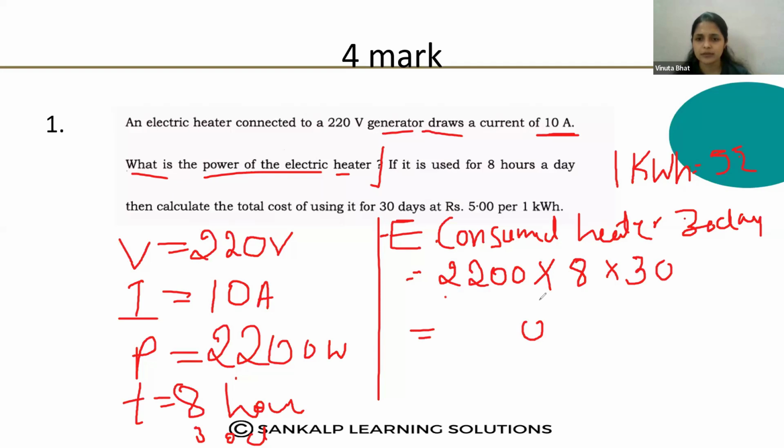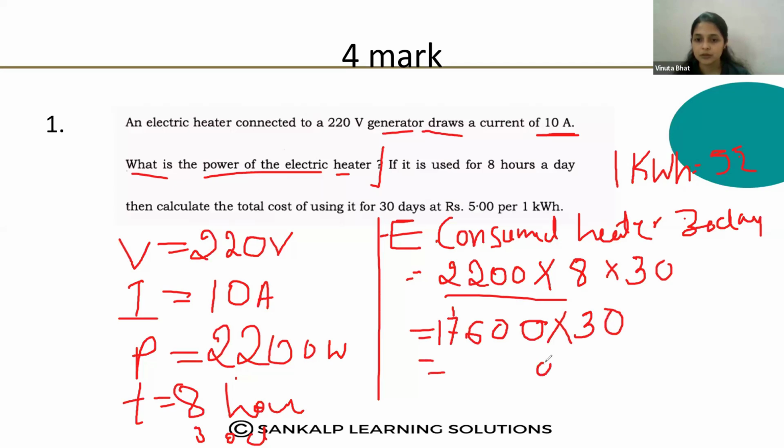First I will multiply 2200 by 8, that is 17,600, into 30.